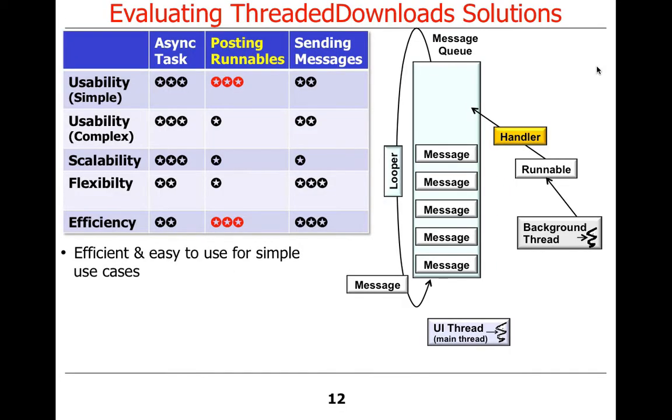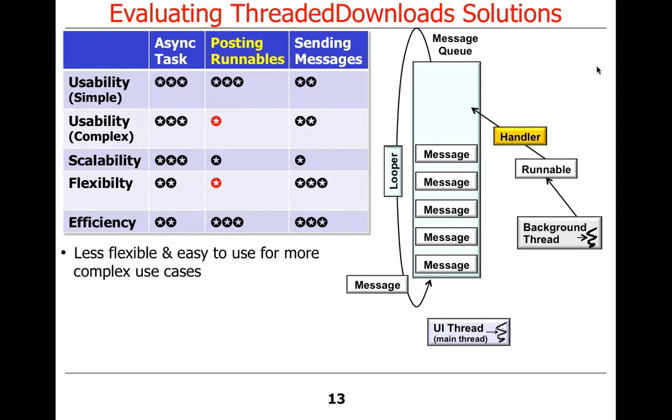Let's take a look at the other approaches, which are both in the Hammer framework, posting runnables and sending messages. So posting runnables is really simple, right? You just say, make me a runnable and post it. What could be easier than that, right? So that gets 3 stars for usability for simple use cases. When you start trying to use it for complicated use cases, though, it doesn't really work very well because you localize all the decision making at the point when you invoke the call.